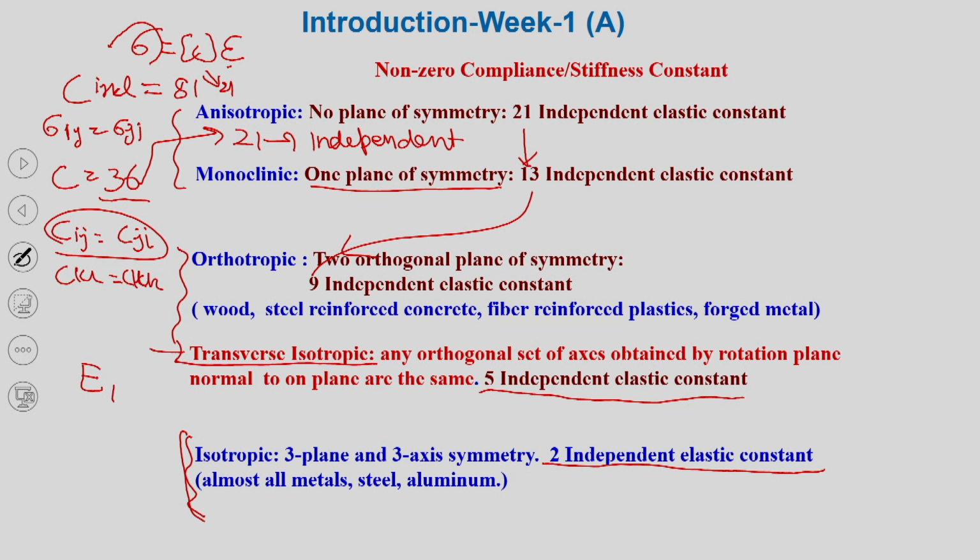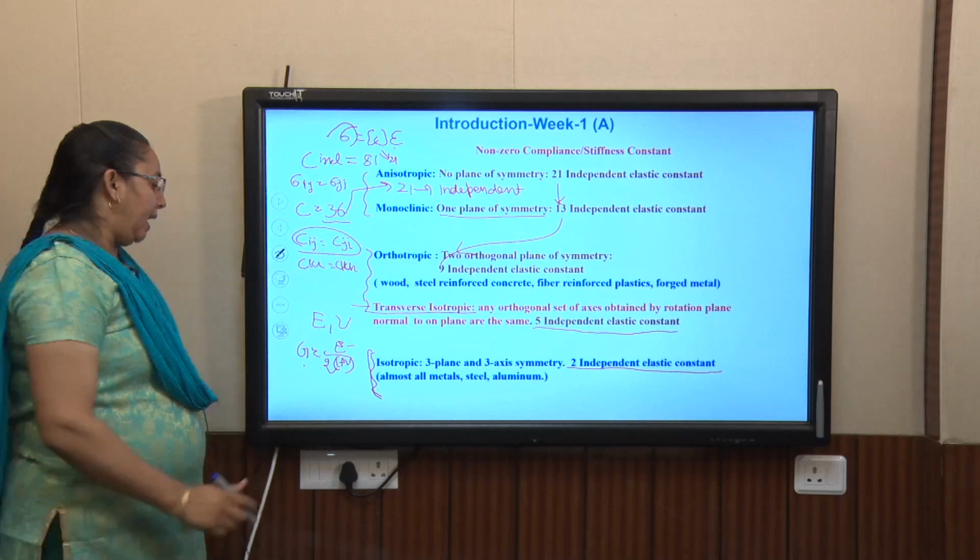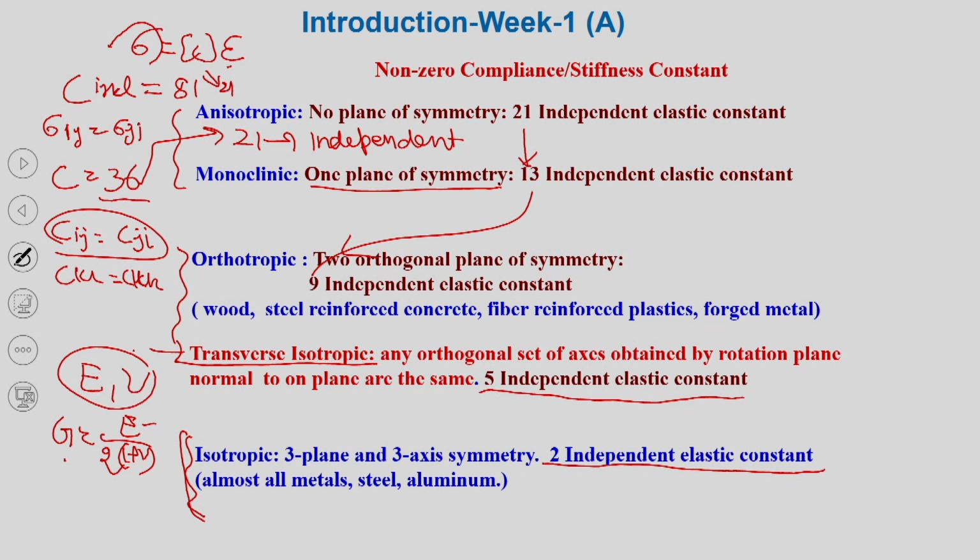What are they? E and nu. G can be found like this, so G is not an independent constant. Whenever an isotropic plate is analyzed, the solution is written in terms of E and nu.